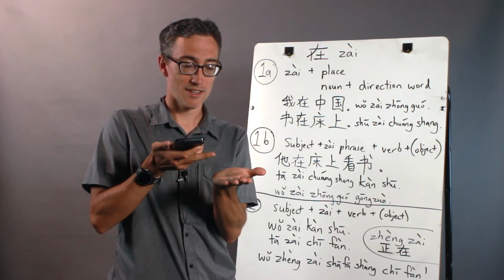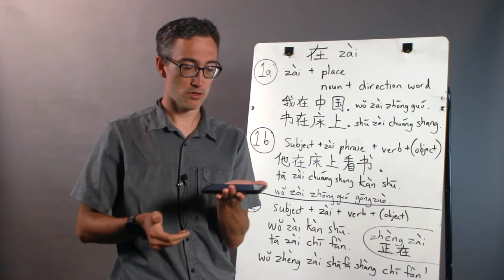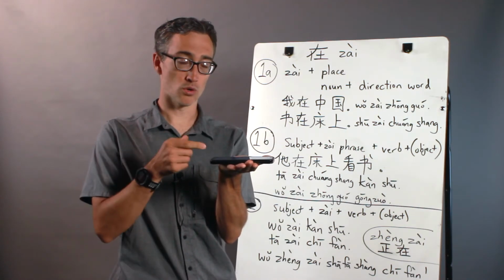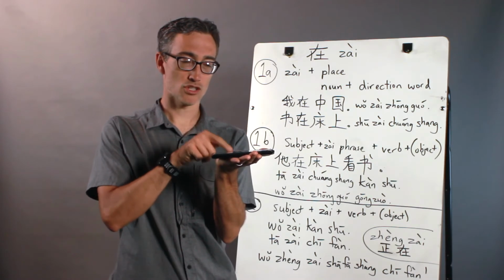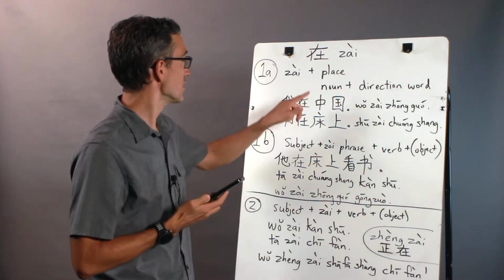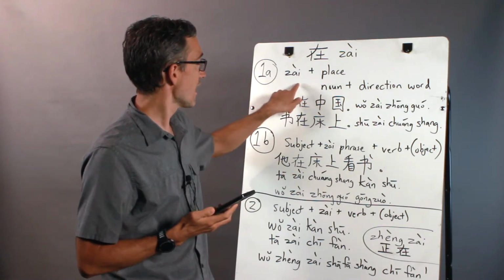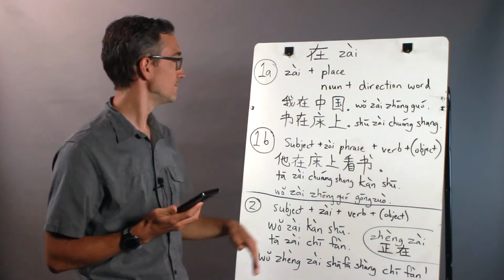So when I say 手机, this is phone, cell phone, 手机在手上. That means the phone, that's the noun, 在手, 手 is hand, 上 is above or on.